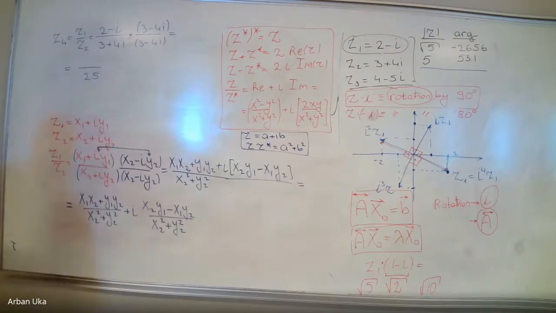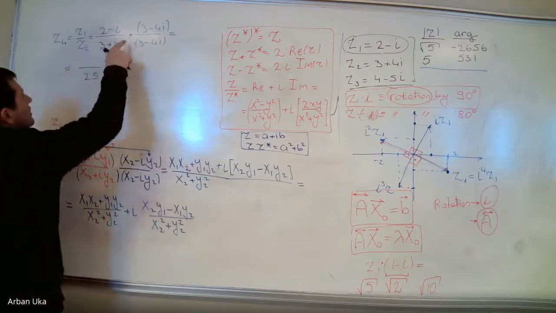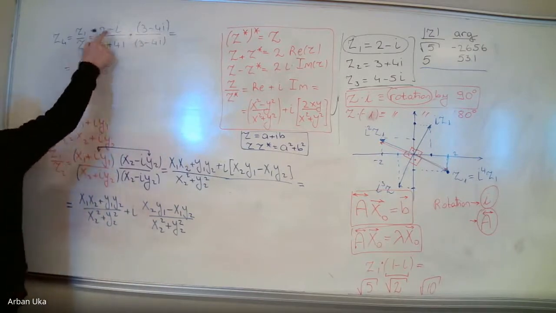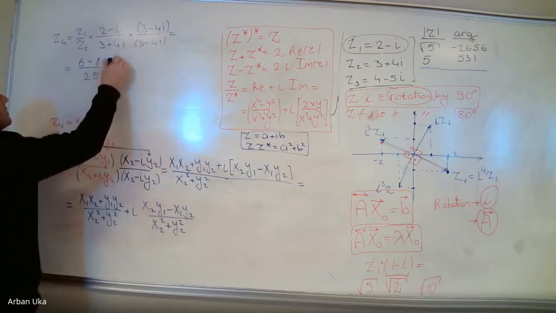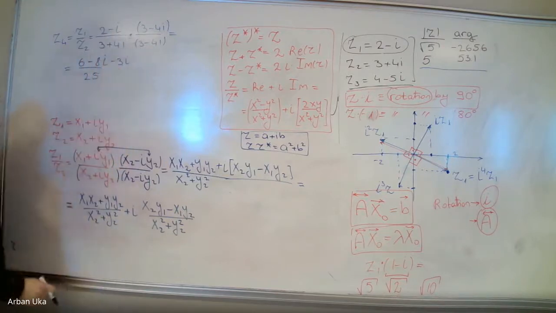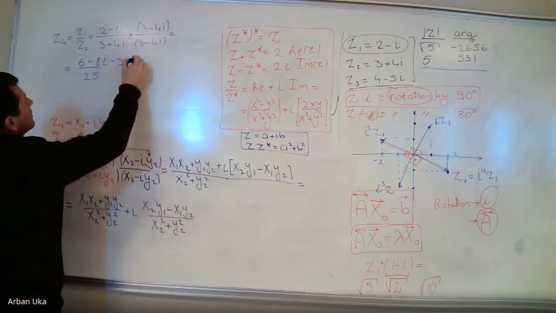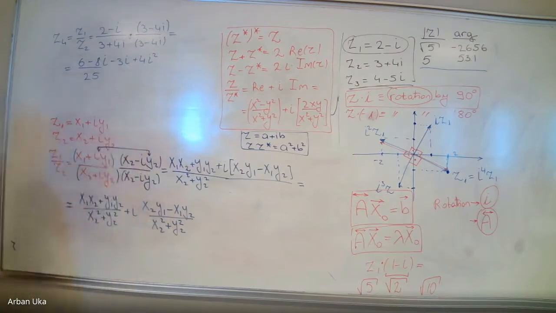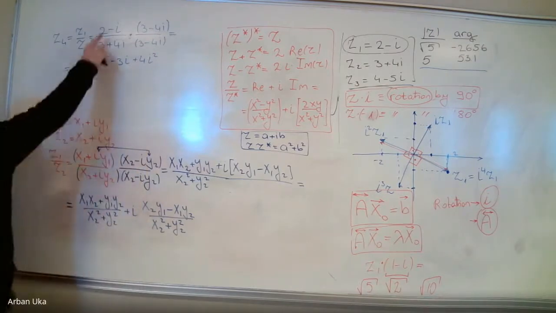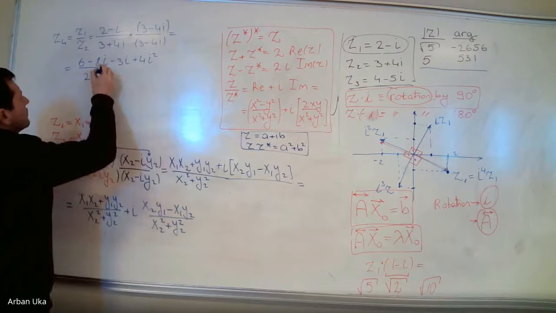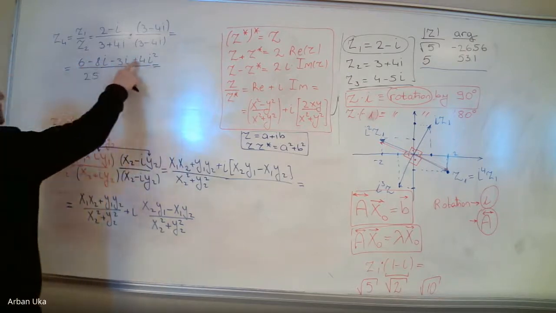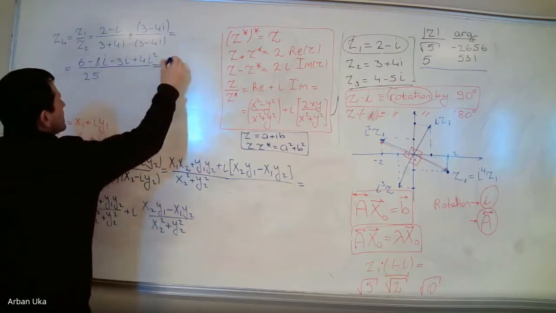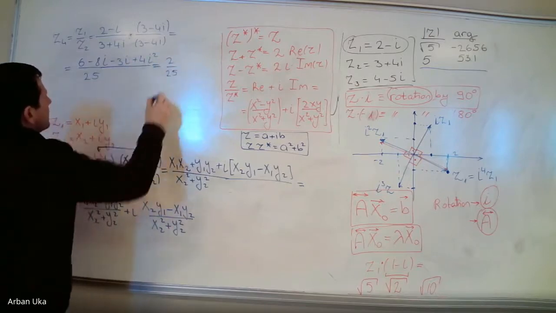And then we multiply these terms. 2 times 3, 6. 2 times minus 4i, minus 8i. 3 times minus i, minus 3i. Minus, no, this is plus 4i squared, because minus times minus is plus. So this is equal to 6 minus 4, 2. This is 2 over 25.